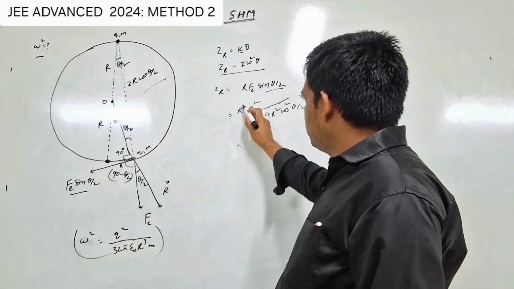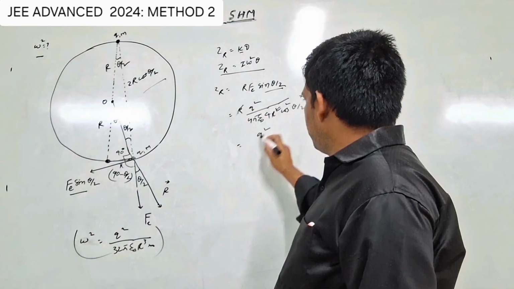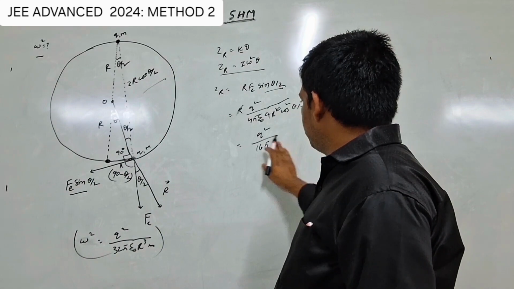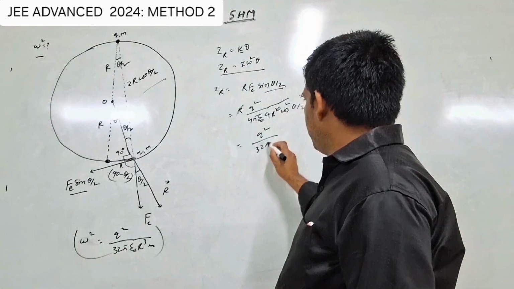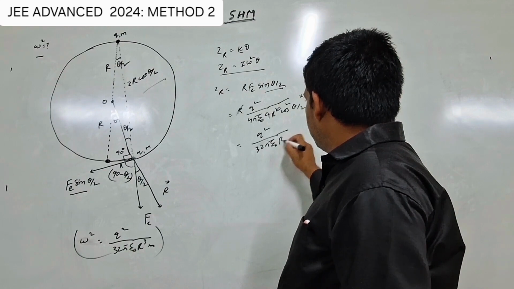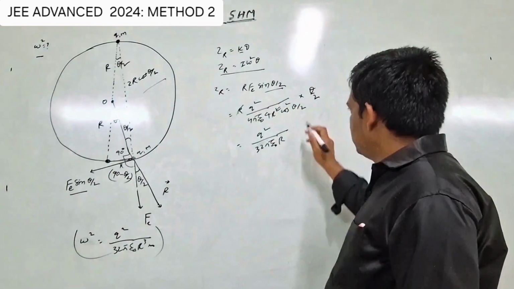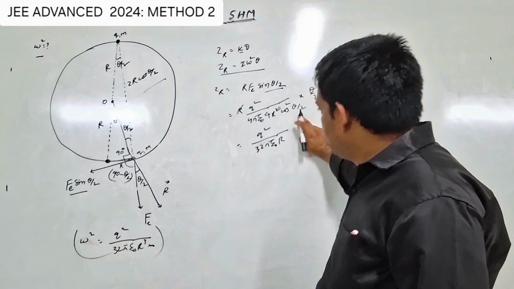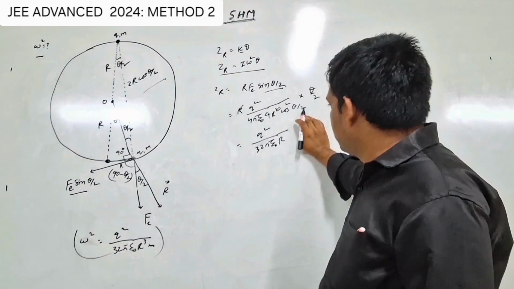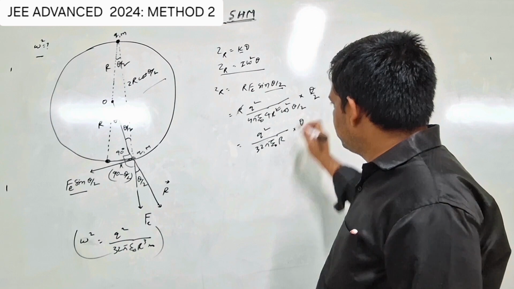Therefore it will be equal to q square upon 32 pi epsilon naught R. For a small value of theta by 2, cos square theta by 2 will also be 1.